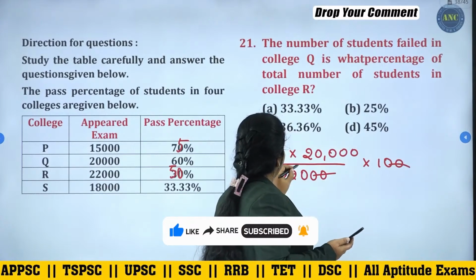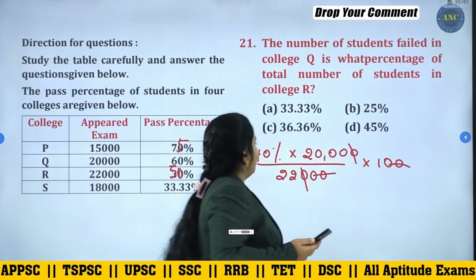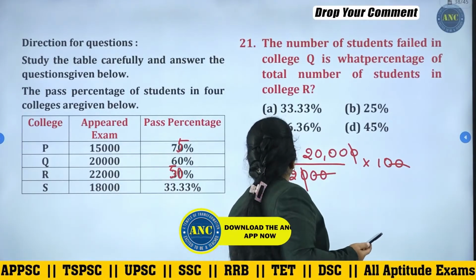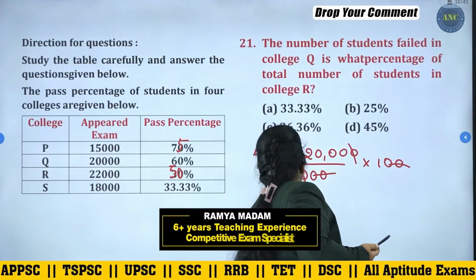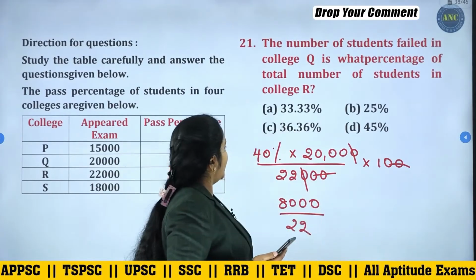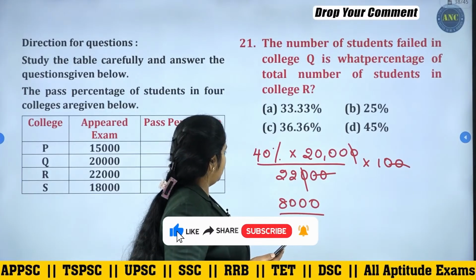Right? Fine. So, how much will it be? It will be 8,000 divided by 22.